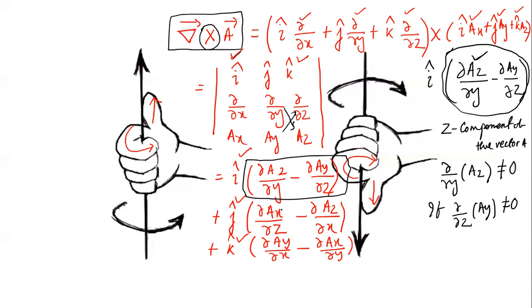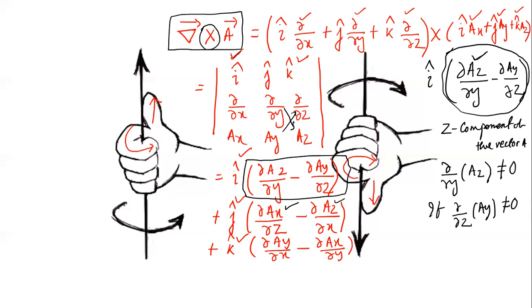The same is applicable for j cap and k cap as well. The x component must be a function of z, then only this term will exist, and they should not be equal. Same with k cap. That means we got the variation of x with respect to y, x with respect to z, and similarly y with respect to x and z with respect to x and y.